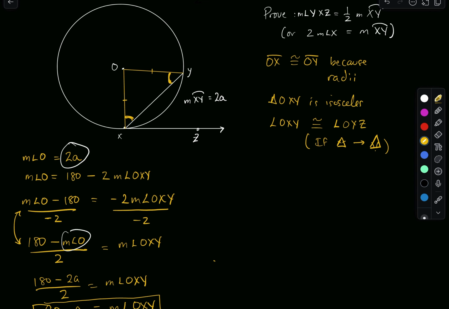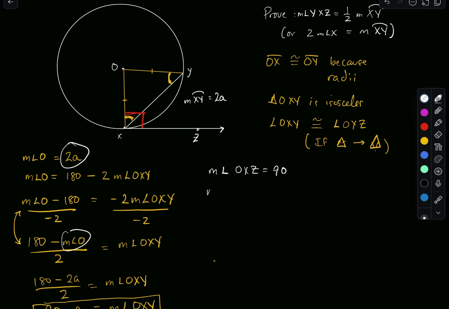You may recall from yesterday that we proved that a radius intersects a tangent to the circle at right angles. So I know that the measure of angle OXZ is 90 degrees.